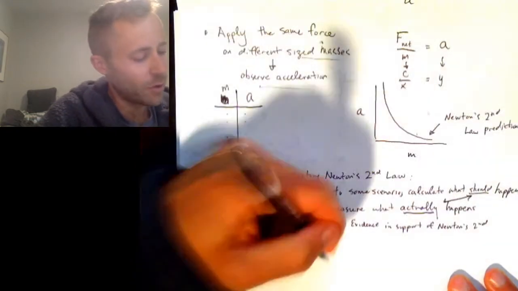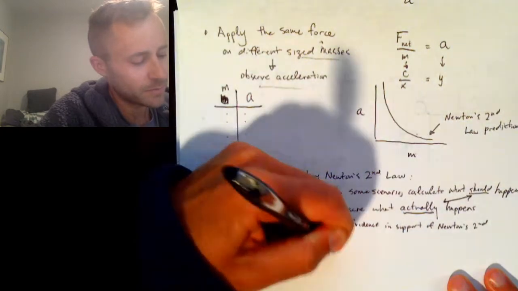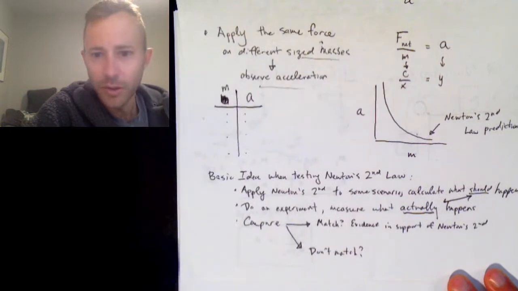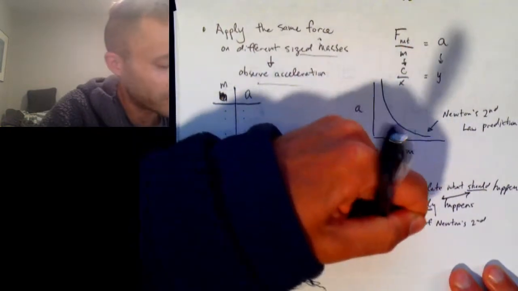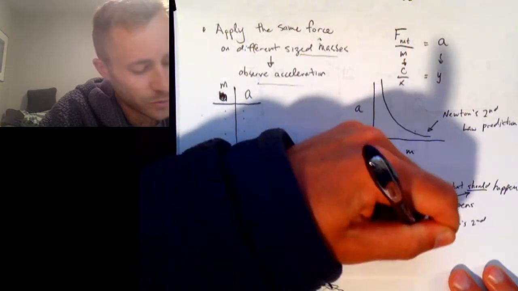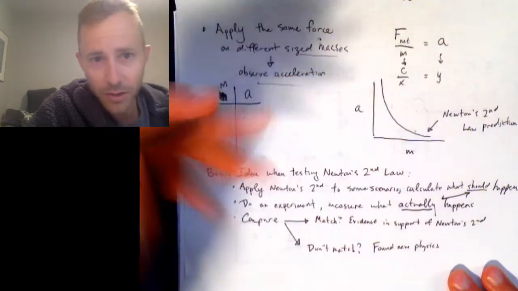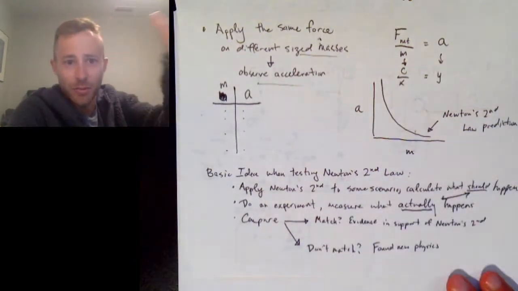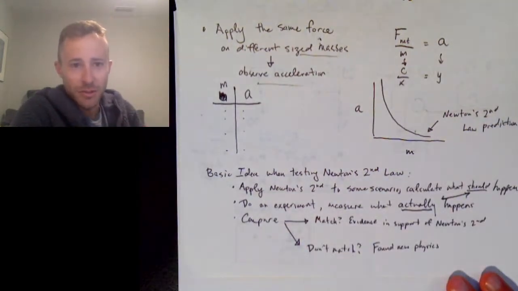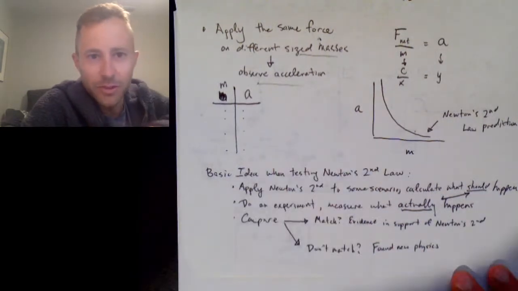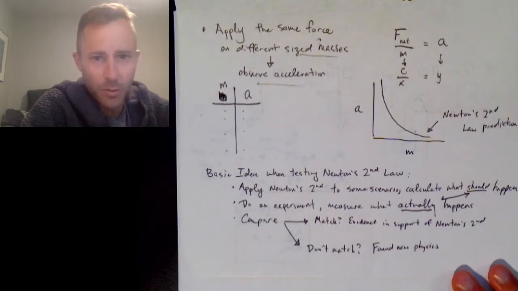And if they don't match, you either found new physics, which is very unlikely at this level, not unlikely if you're a professional physicist, but the physics that we're learning in this class is very well established.